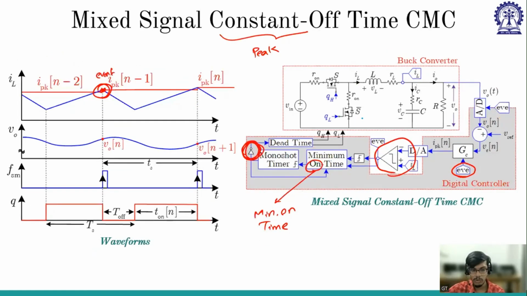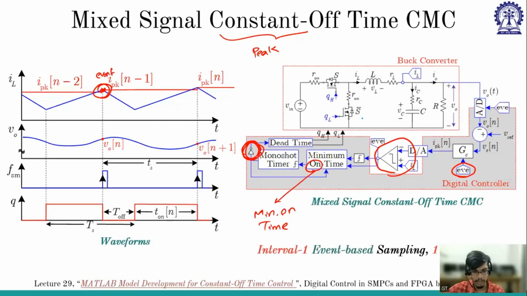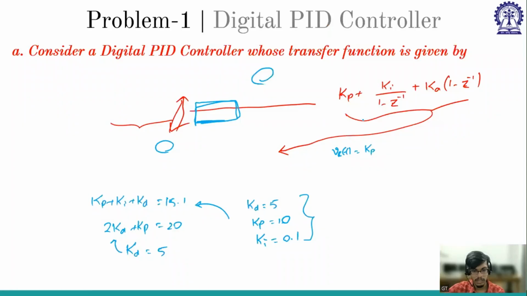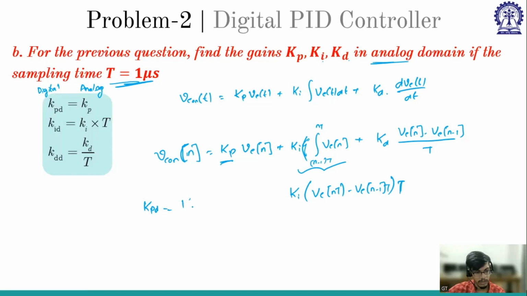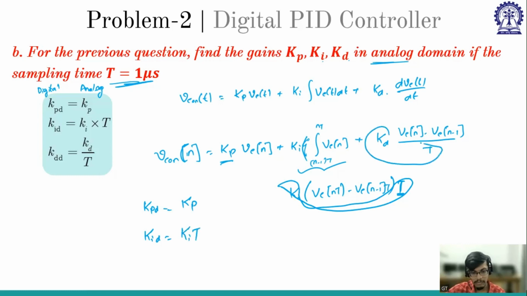If I go back to the equation where I'm generating these things, my KP digital is KP. I am not considering T in my equation, so KI into T is my new KI, and similarly KD by T is my new KD.